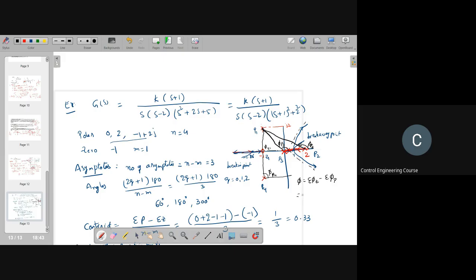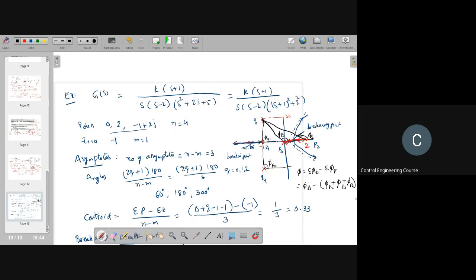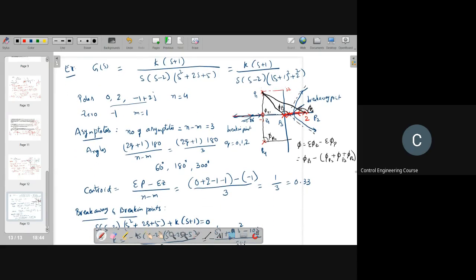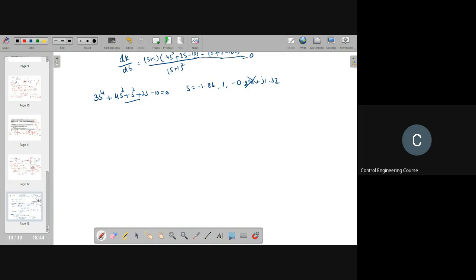Here that means phi z1 minus (phi p2 plus phi p3 plus phi p4). So we need to calculate all these angles. Let me draw it clearly here.